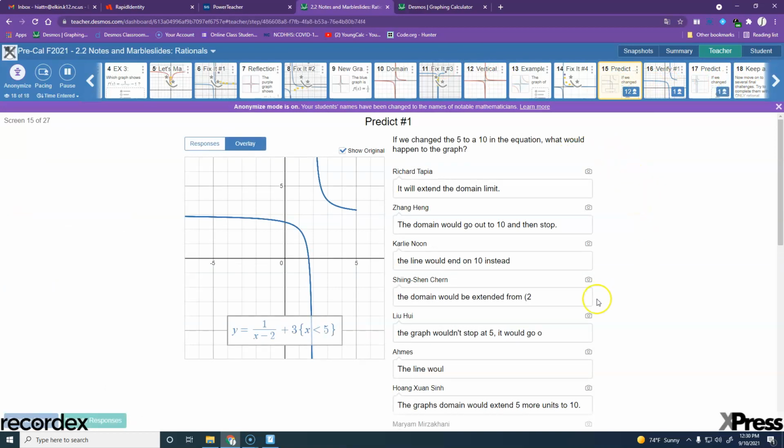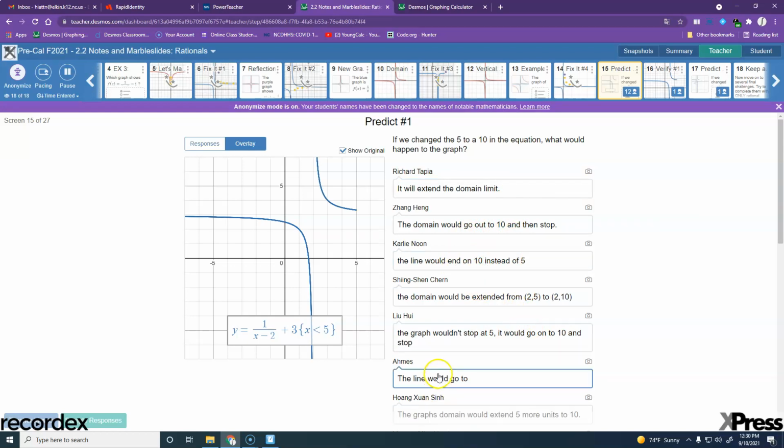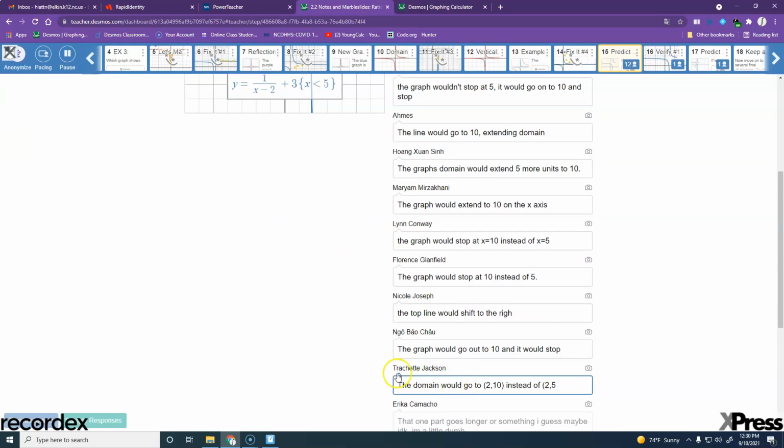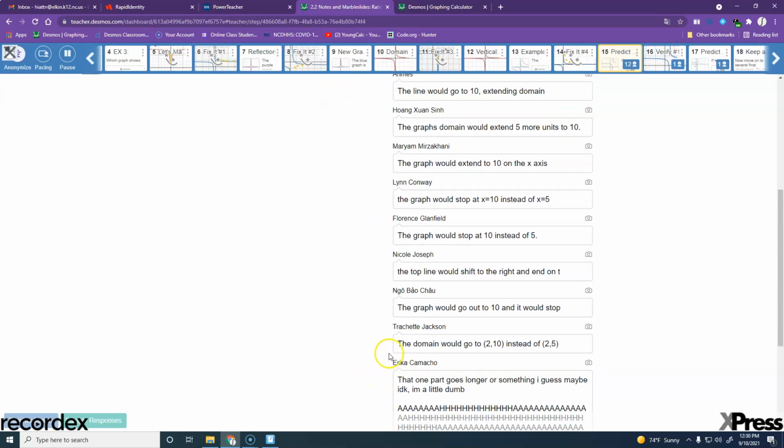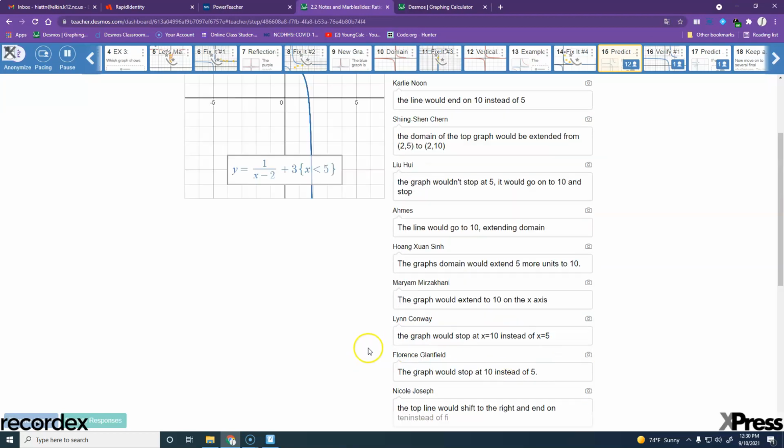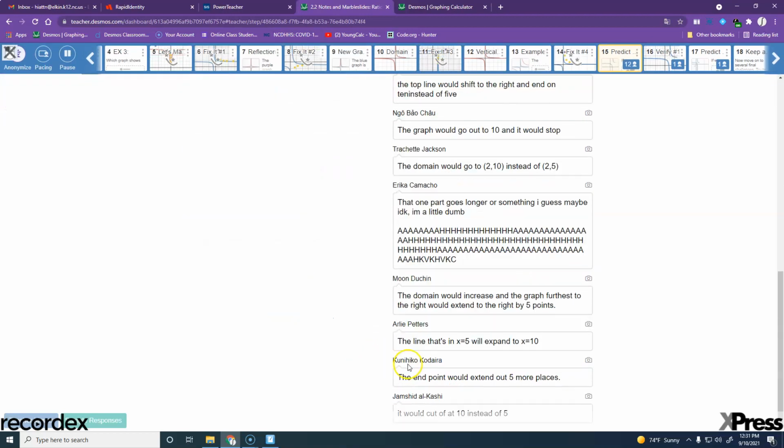I'm seeing lots of explanations here. It'll extend the domain limit. The domain would go out to 10 and stop. It would end on 10. The graph wouldn't stop at 5. It would go on to 10 and stop. And this person says one part goes longer or something, I guess, maybe.